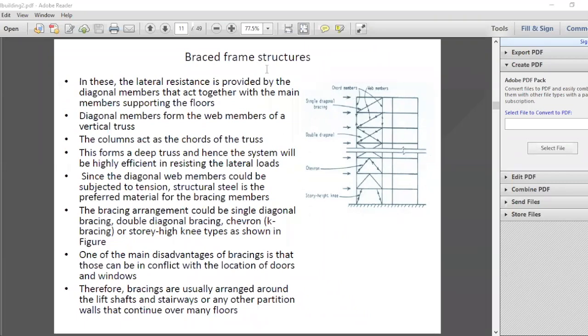Here what we do is we use some diagonal members to resist the lateral loads. And this type of construction is particularly suitable for steel buildings.